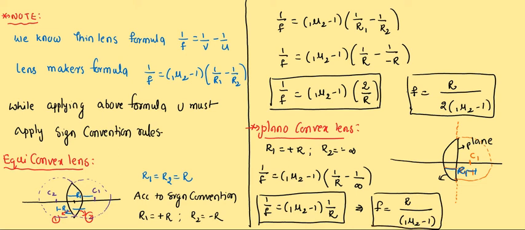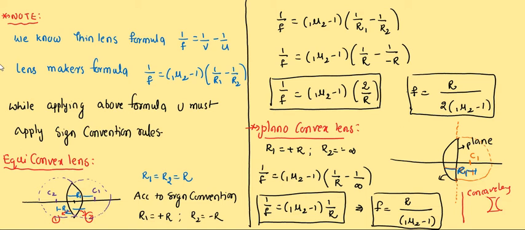Like this, we can also apply it for the concave lens and others. And if you go for the concave lens, what happens? This is a concave lens. For the first surface, if you form a sphere using the first surface, it will come on the left side.